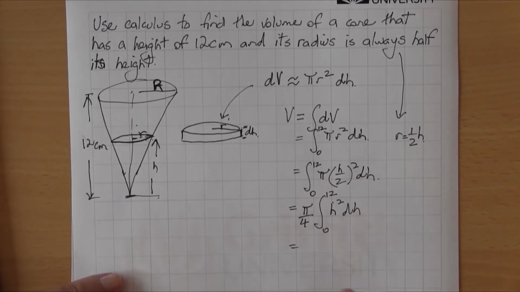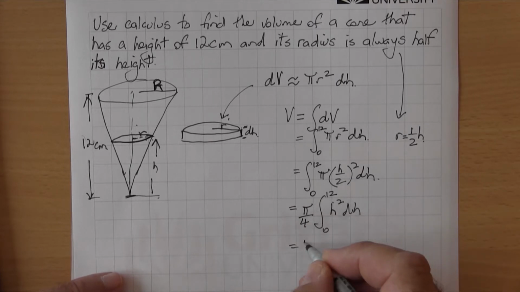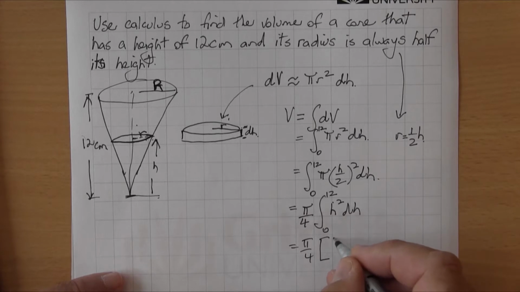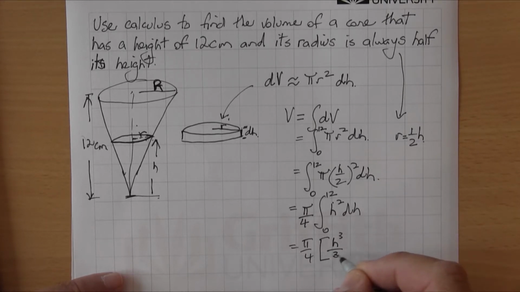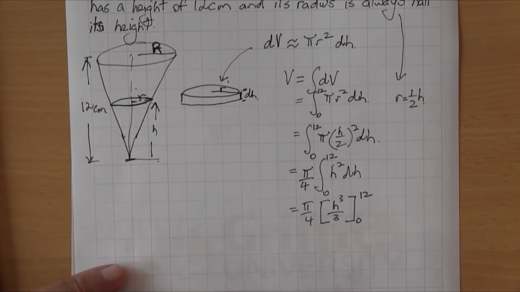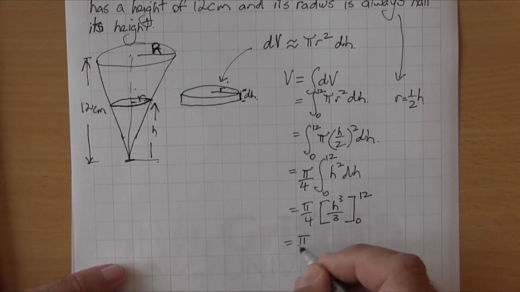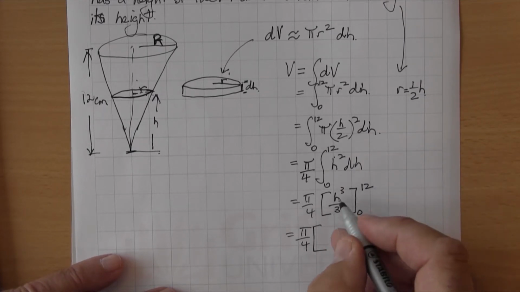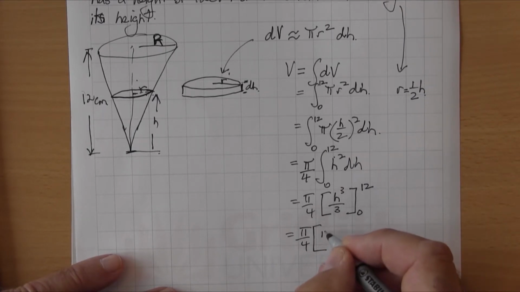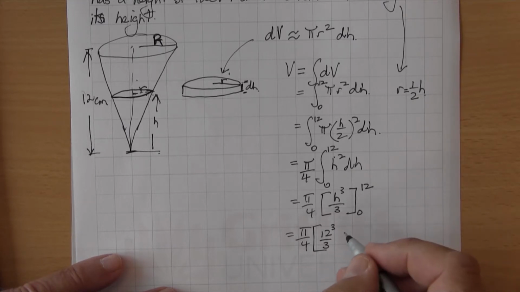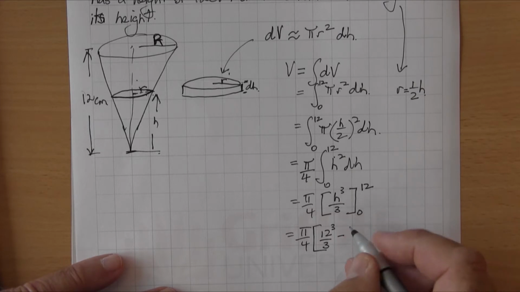and the integral of h squared, add one to the power, between 0 and 12, equal to pi on 4 times 12 cubed minus 0 on 3.